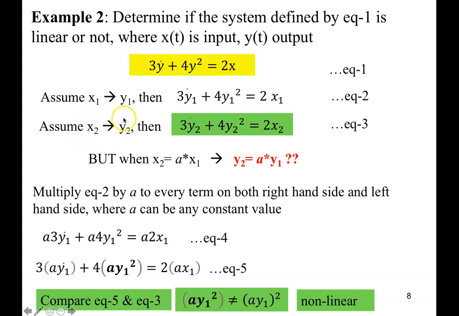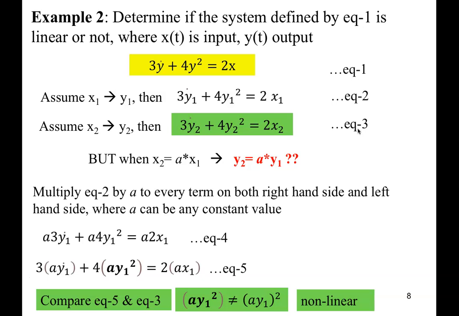That will give me an output y2. Again, that equation applies. So I get 3y2 dot plus 4y2 squared equals 2 times x2. That's my equation 3. That's fairly standard.